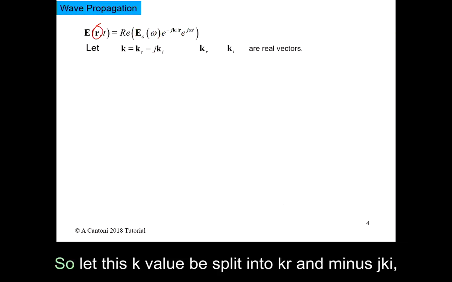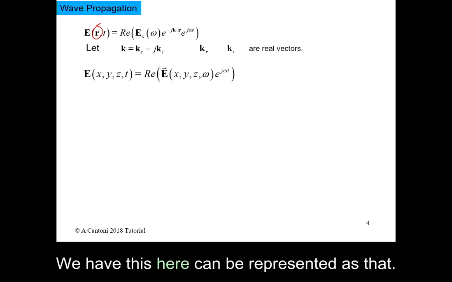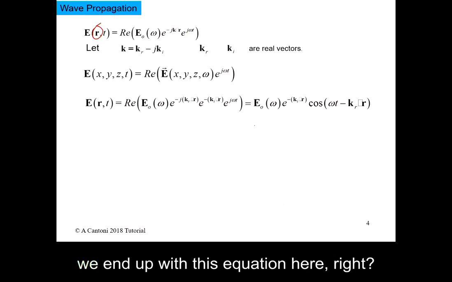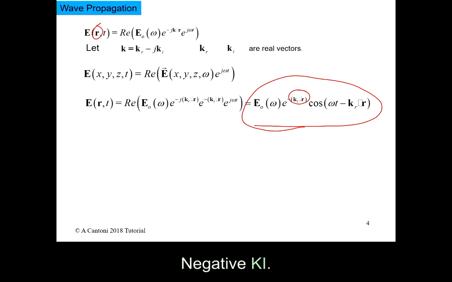All right, so let this k value be split into kr and minus j ki, where kr and ki are real vectors. We have this here, which can be represented as that, and if we take the real part of that, we end up with this equation here. You can see that we've got negative ki.